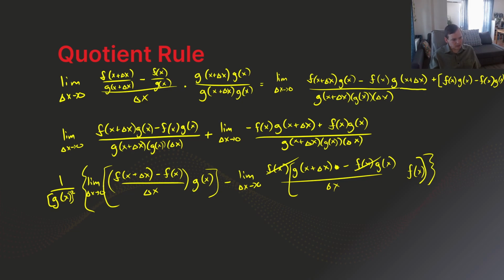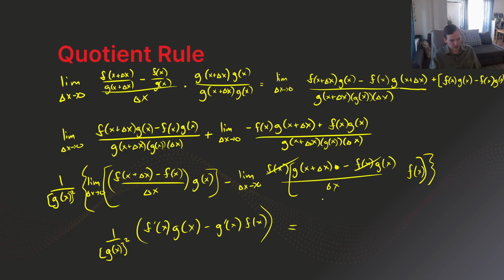Okay, if we look at this first expression, limit as delta x approaches 0, we have the derivative of f of x times g of x. G of x doesn't change as the limit goes to 0. Then I have minus the limit of the derivative of g of x. The f of x doesn't change as the limit goes to 0. So I have 1 over g of x quantity squared times f prime of x g of x minus g prime of x f of x.